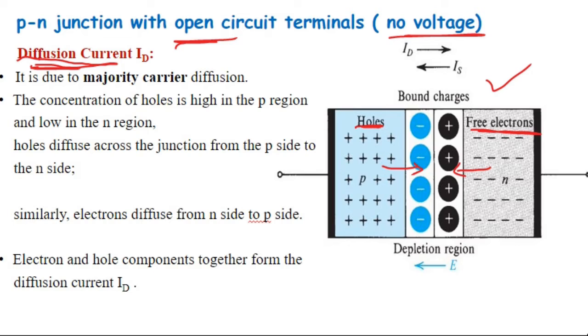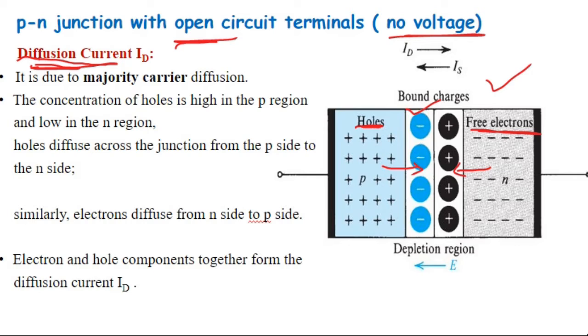When holes move from left to right, certain ions are formed, because the P-type is now devoid of holes. What type of ions will be formed? Negative ions will be formed across the junction in P-type.